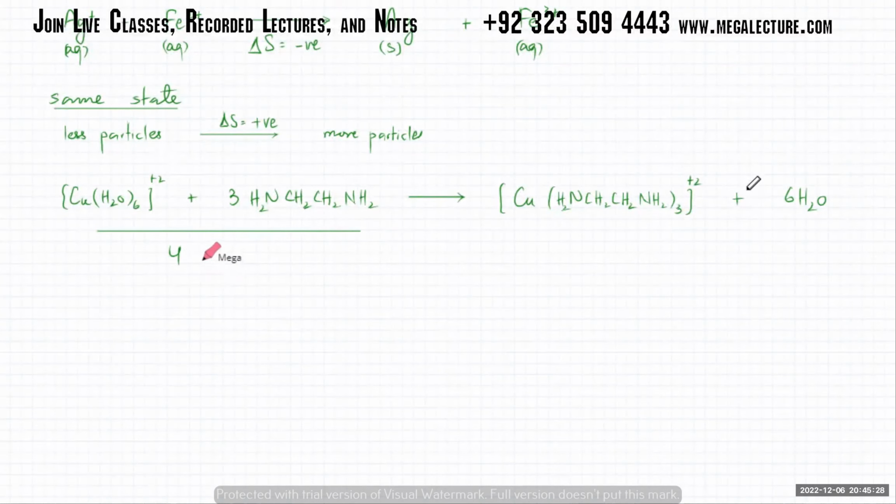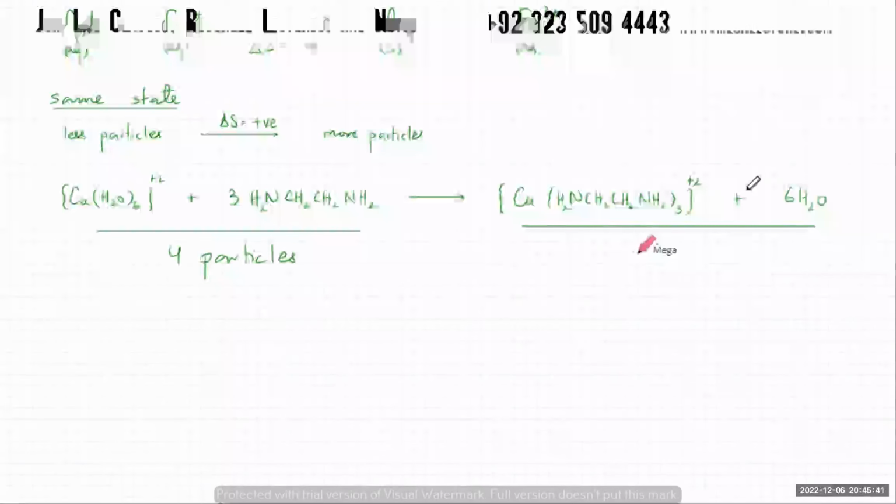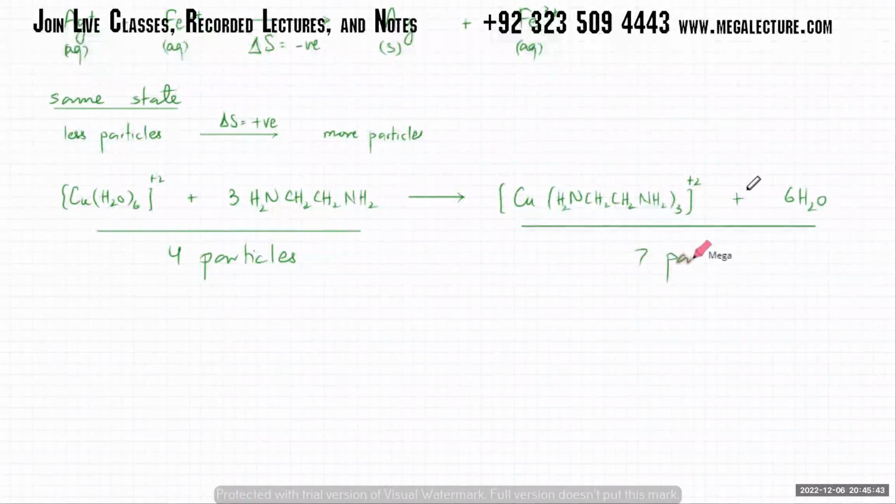So you had 4 particles. But now what you have is 7 particles. So there's an increase in disorder, and that's delta S. So that one is delta S positive. The number of particles has increased.